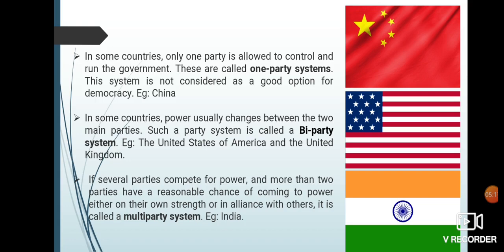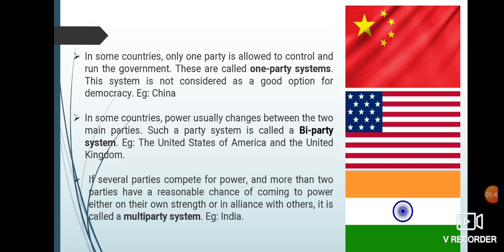In some countries, power usually changes between the two main parties. Such a party system is called a bi-party system, where several other parties may exist. They may contest elections and win a few seats in the national legislatures also, but only the two main parties have a serious chance of winning a majority of seats to form the government.